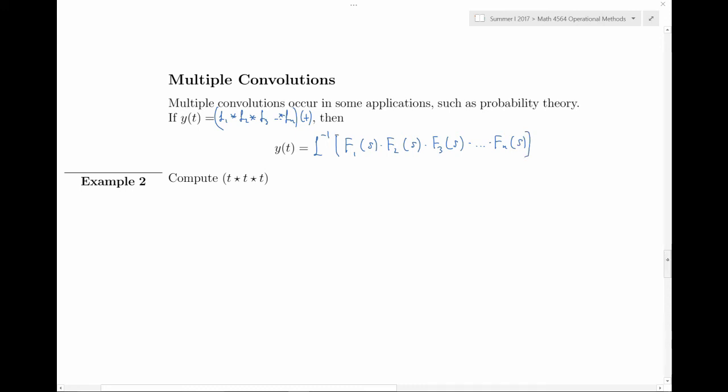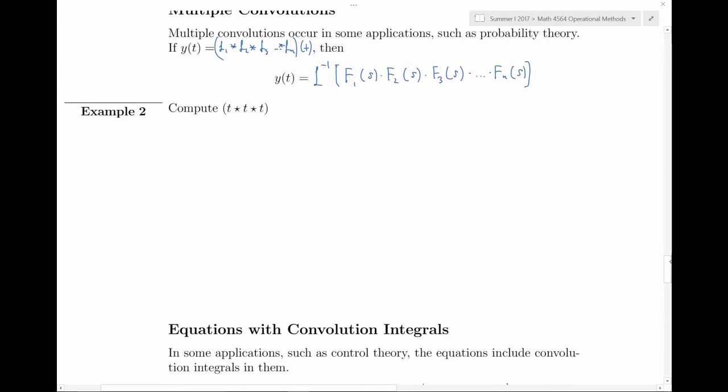As an example, let's consider a convolution of 3 functions. Each one of them was just a function of t. So the Laplace transform of each one of those is just 1 over s squared.